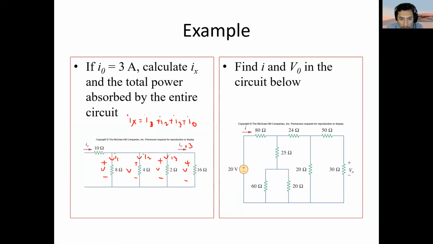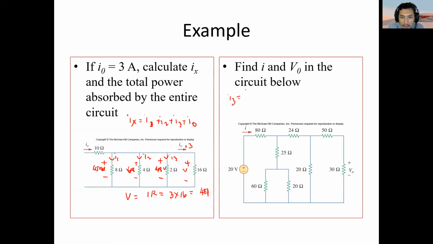So right now, 3 amperes is being given, and the resistance 16 ohm. You can calculate your voltage drop. So your voltage drop is I multiplied with your resistor. So 3 multiplied with 16 will give you 48 volts. Meaning that all this one is actually 48 volt. So from here, you can calculate your I3.